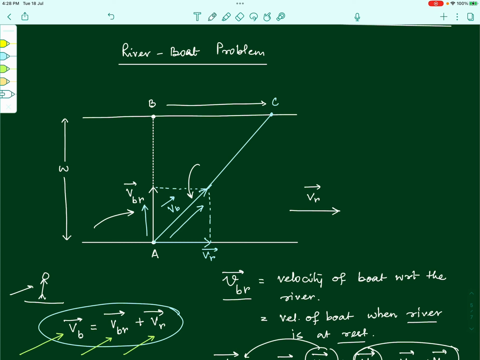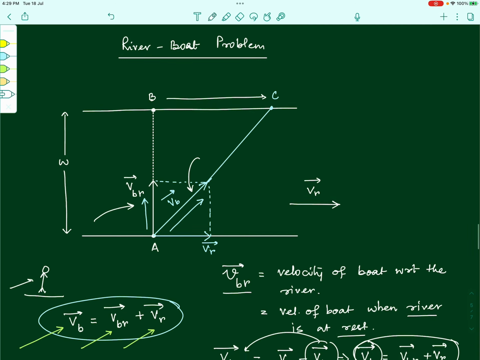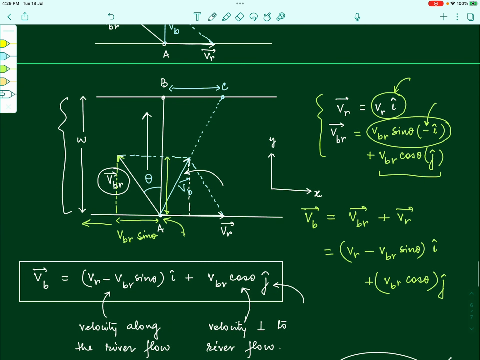But the case is that the time that the boat takes to move from A to C, or to cross the river, will be the minimum here. Can you just look at the figure and understand why the time will be minimum for the boat to cross the river? Understand that in the general case that we have taken, this velocity of the boat with respect to the river is trying to oppose the river's flow, right? Do you see that this direction of the boat with respect to the river is opposite to the river flow?